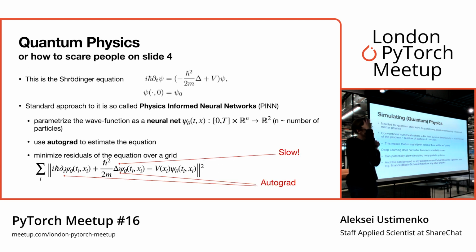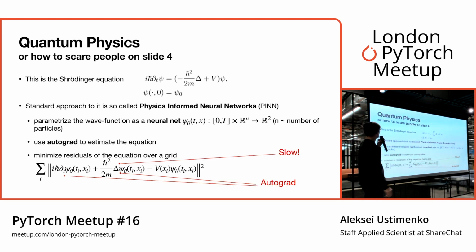Next slide, please. Here on the slide, you can see some equation, and it doesn't actually matter what that equation is about. It just exists, and that's what physicists use to describe quantum physics. And this is how deep learning is used there.